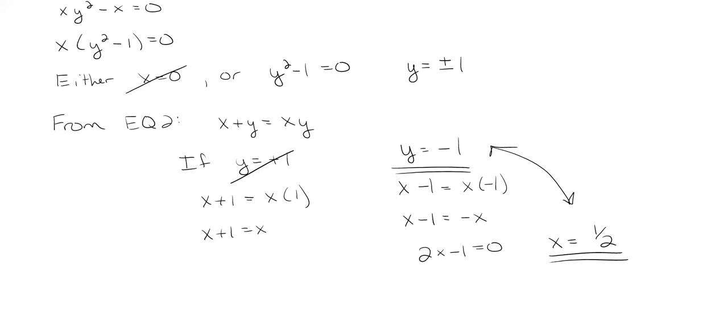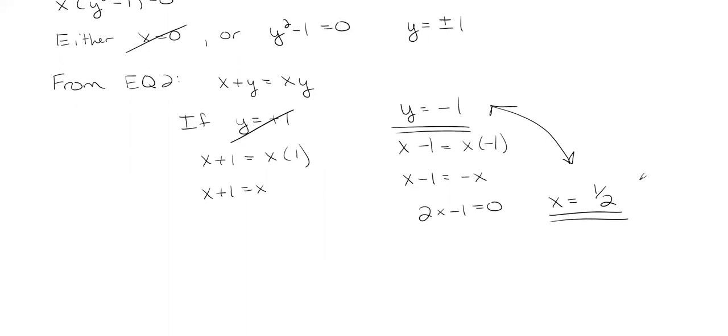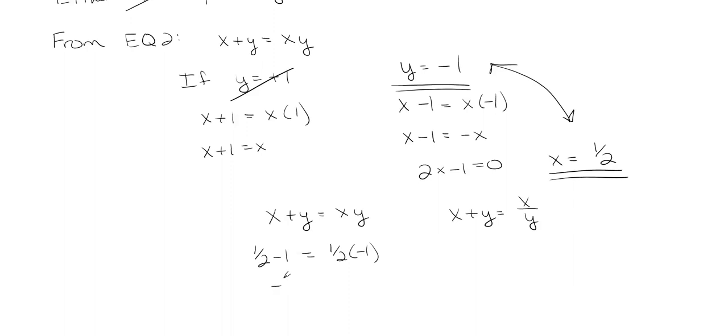Our beginning equations: x plus y is equal to x times y, and x plus y has to be equal to x over y. Plugging in 1/2 and minus 1 here, we would have 1/2 minus 1 is equal to 1/2 times negative 1, so minus 1/2 is equal to minus 1/2.